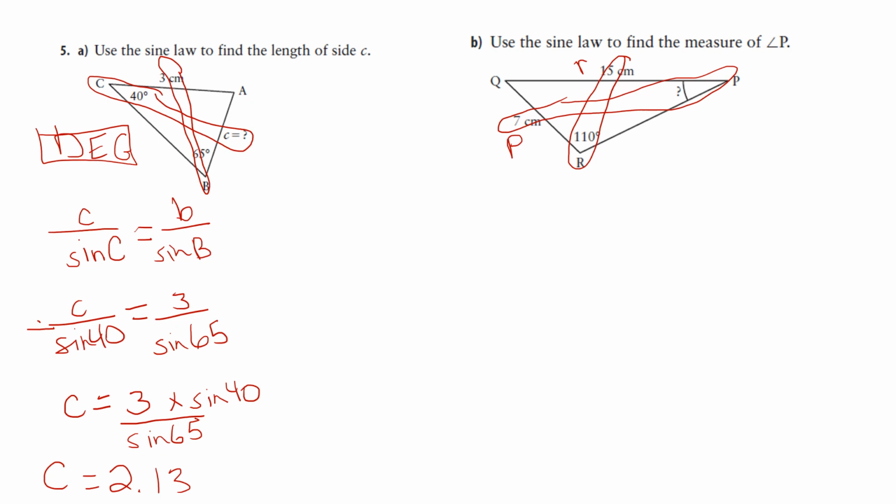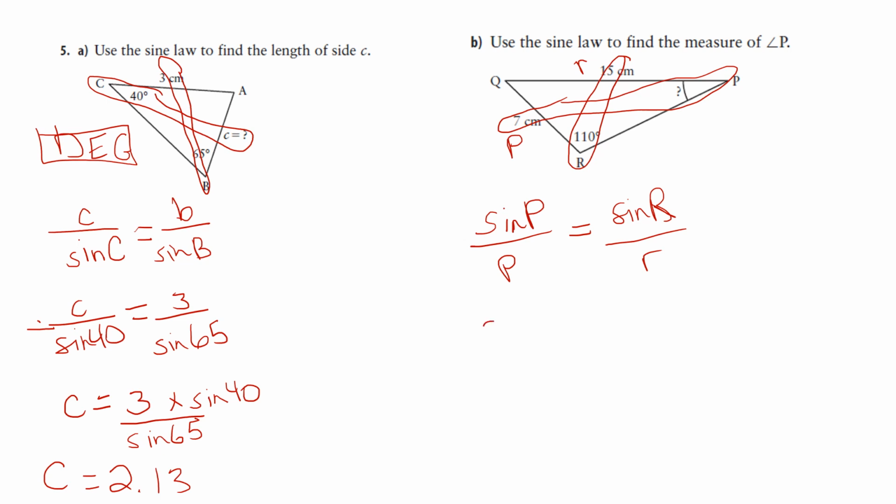So this time when I set up my formula, I'm looking for angle p. So I'm going to put sine p on top of the fraction, little p on the bottom. And then for my full ratio, I'm going to put sine r on top and little r on the bottom. That's because we're looking for an angle, and we want the angles on top of our equation.